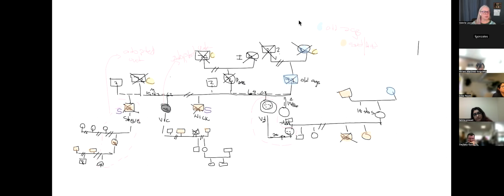Let's pick another color. Let's do dark green for veterans, military vets. Oops, I don't want that color. Military. So you're going to start coloring people in different colors.